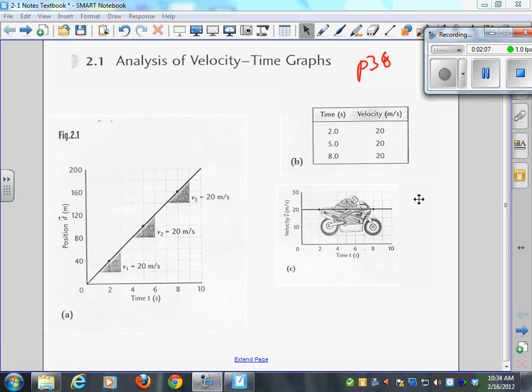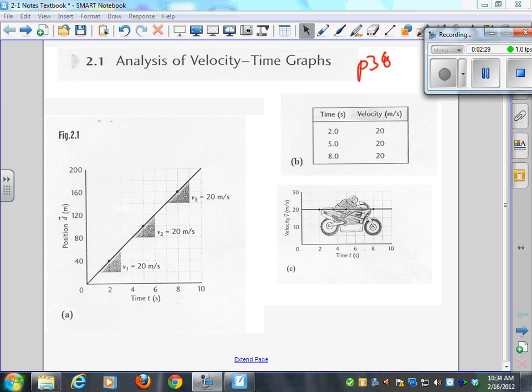Now, can you tell me from the DT graph how far did this motorcyclist go? Time position, yes, 200 meters. How would I get that 200 meters from the VT graph?